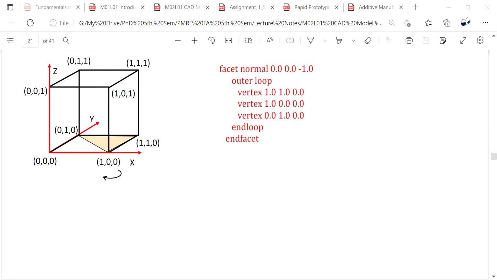As per the question, how many triangles will be required for angle tolerance to be 1 degree? So when we want the angle tolerance to be 1 degree, 360 degree by n is equal to 1. So n is equal to 360.